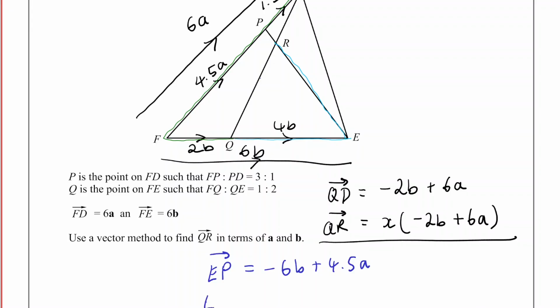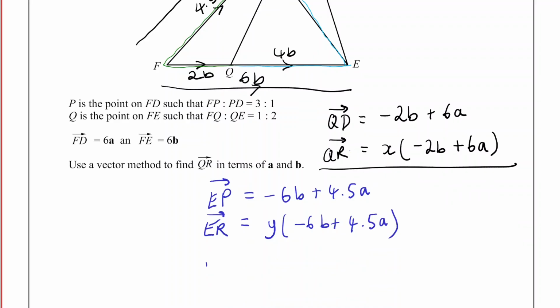And ER is some fraction of that journey. I've used X, I'll use Y. So ER is some fraction of that. So QR will be 4B plus ER. So QR is 4B plus Y times (minus 6B plus 4.5A).